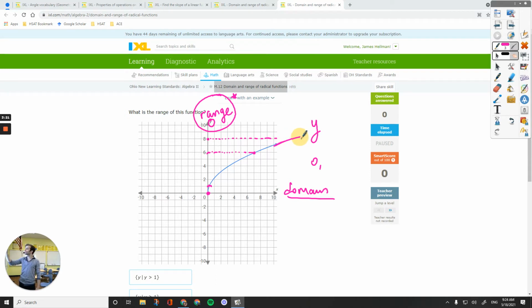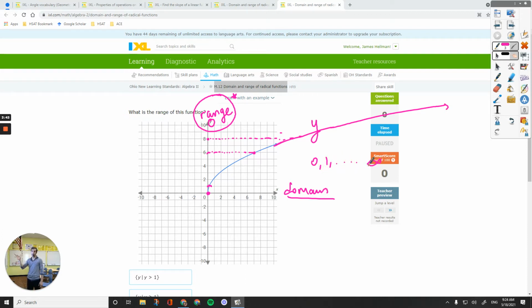Even though it'll take time, they will meet here. If you extend this, they'll meet at 9, and if you keep extending it, they will meet at any point that goes up, because technically that graph goes up and right forever. So it could be 0, 1, and then infinity.